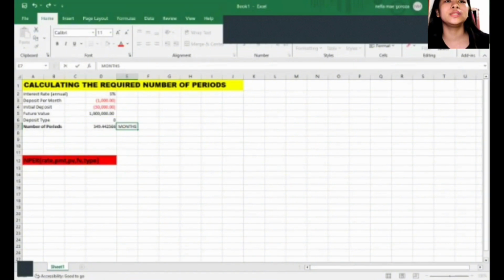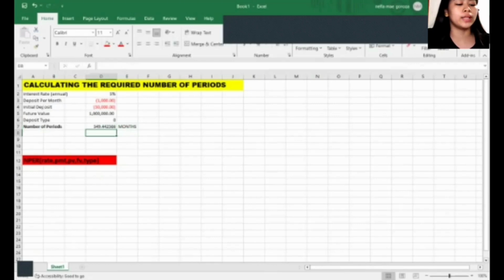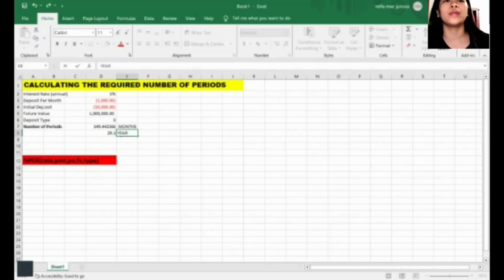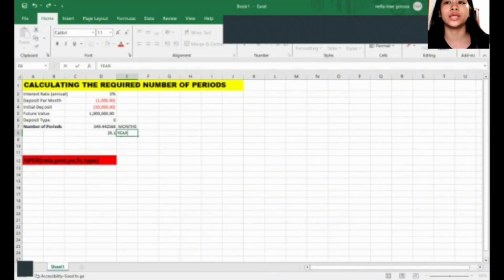So this means that the 50,000 initial investment and 1,000 monthly deposit will take approximately 349 months or 29.1 years to accumulate the 1 million at 5% interest rate.